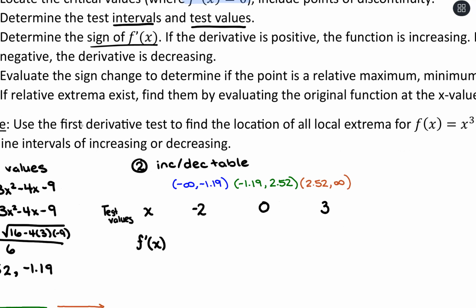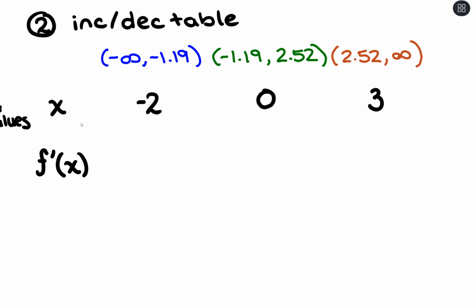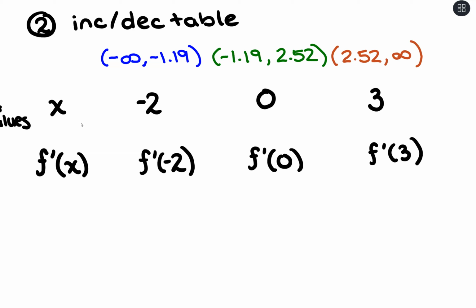So with these, we don't even particularly care about the numerical value. We just want to know if it's positive or negative. So I want to look at first derivative at -2, first derivative at 0, and first derivative at +3. And then what I want to evaluate is if it's positive or negative. That's all I care about.